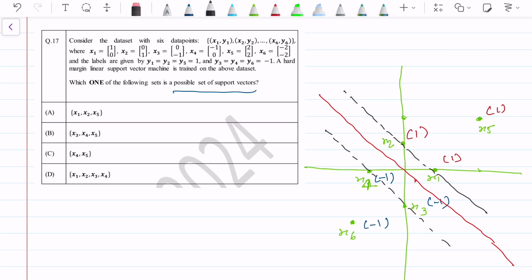So the points on the support vectors should be x1, x2, x3, and x4, and x5 and x6 are far behind, so those will not be our support vectors. So the correct answer should be D, x1, x2, x3, and x4. Thank you.